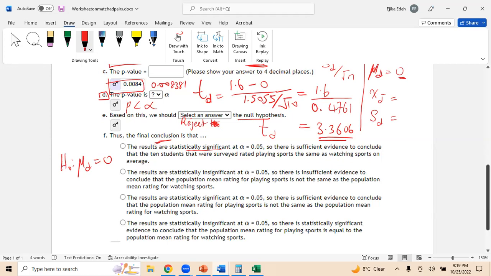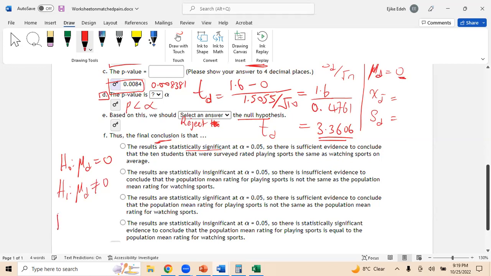So there is sufficient evidence to conclude that the 10 students that were surveyed rated playing sports the same as watching sports. So this is the problem. H1 for this research is that the difference is not equal to 0. And what is the difference you're comparing?